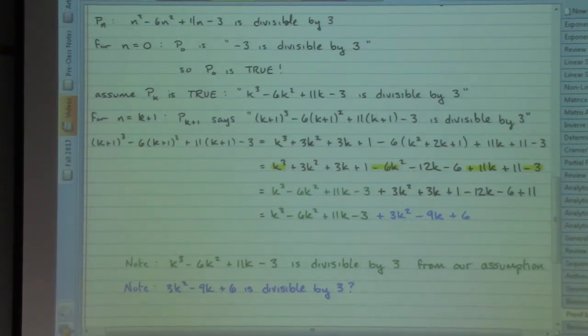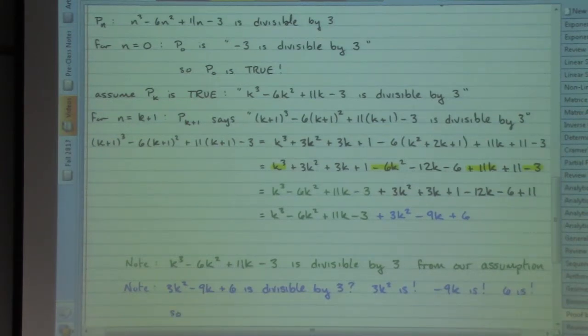Well, 3k squared is, negative 9k is, 6 is.